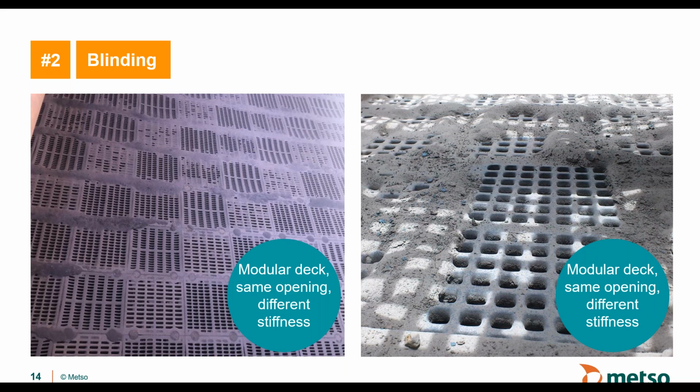But the thing is, it's about finding the right choice for that application in terms of hardness, flexibility and strength in the panel. But basically, the degree of blinding follows the hardness of the material in the screen module.